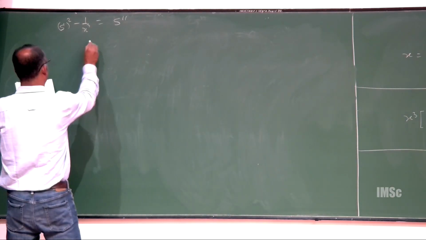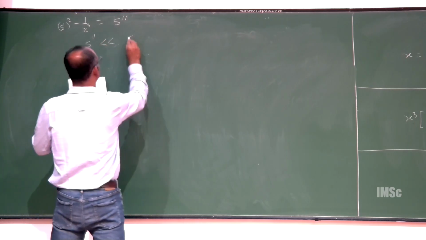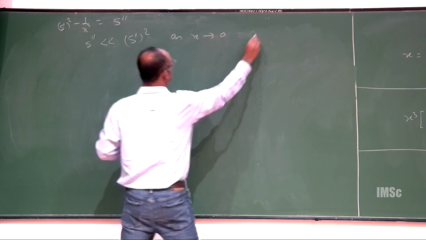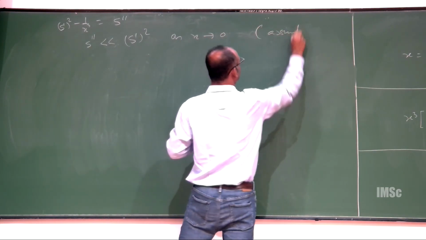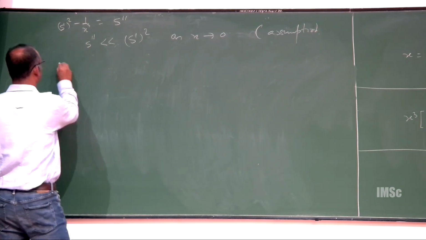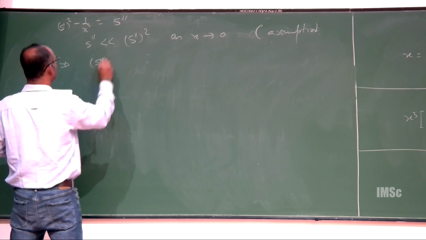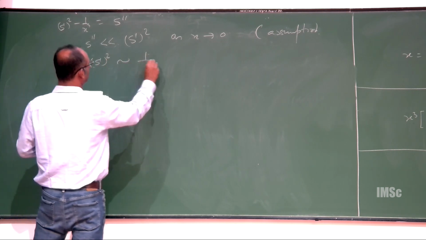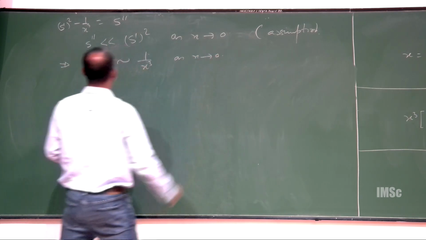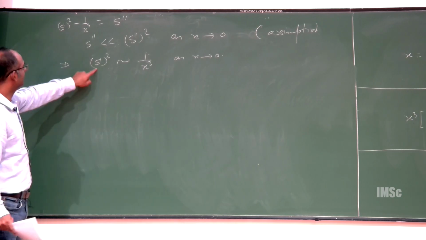And because I am assuming s double prime is much less than s prime square as x goes to 0, that's the assumption, this implies that s prime square is asymptotic to 1 over x cube.